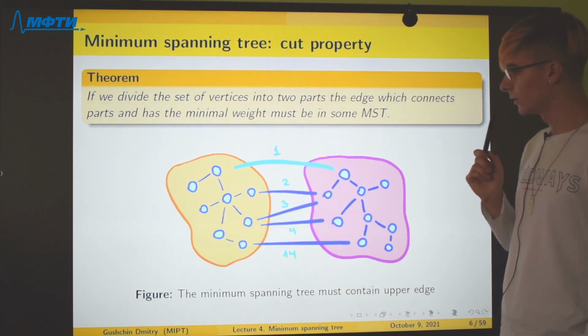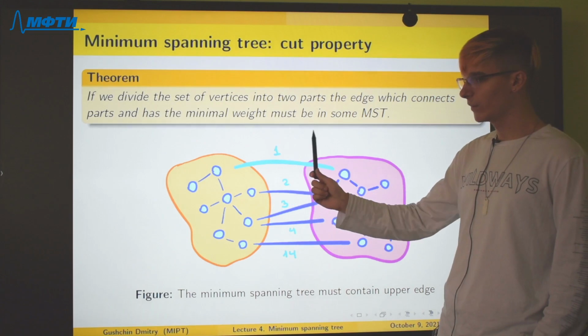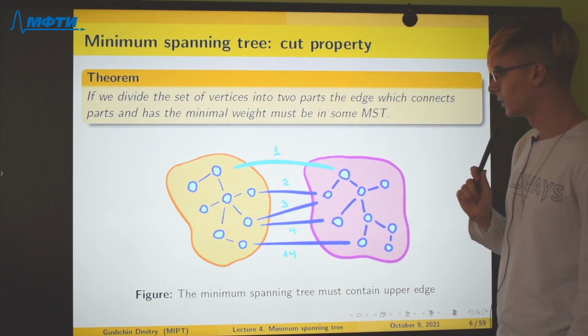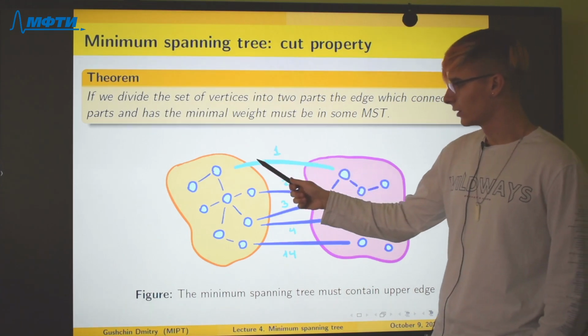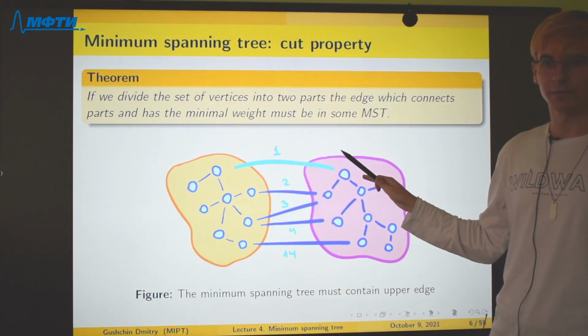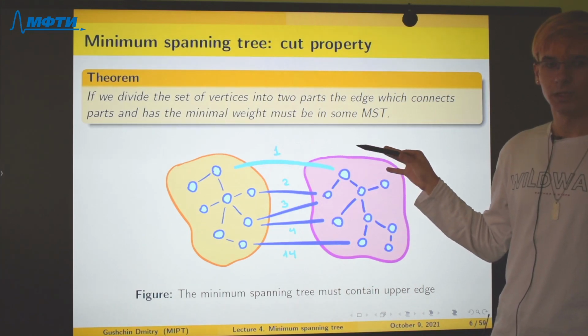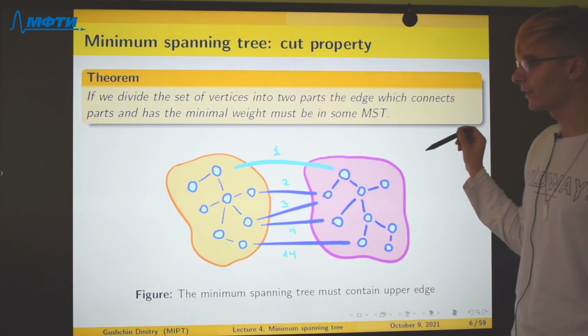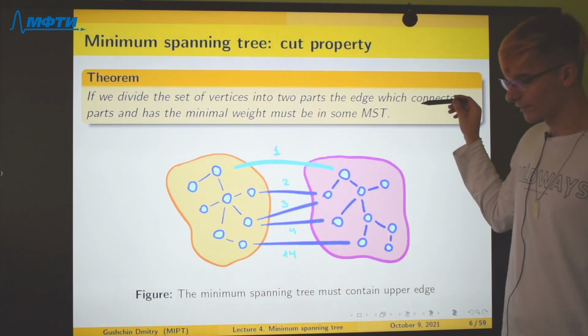Then if we find the minimum edge, it will be in some minimal spanning tree in this graph.